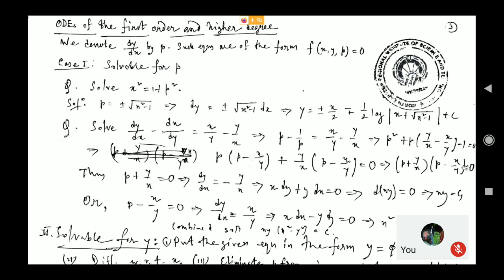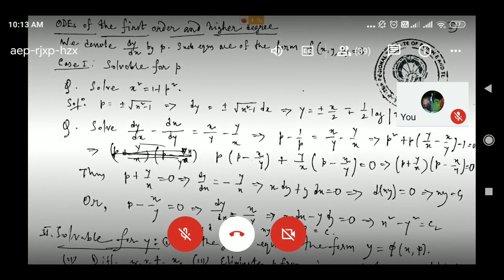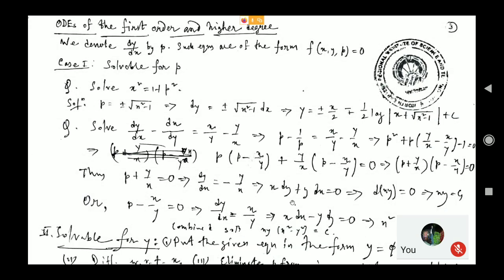Again, if p minus x/y equals 0, then we have the equation dy/dx equal to x/y, which we can solve directly by integrating. So we get x squared minus y squared equal to another arbitrary constant C2. We have x squared by 2 and y squared by 2.